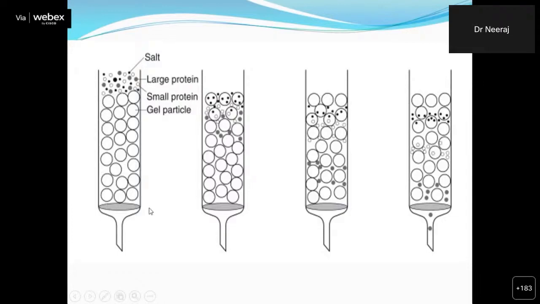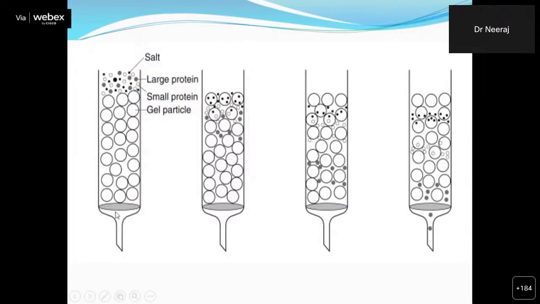So which type of protein will reach the bottom early? Definitely large protein, because it is not able to enter into the small holes present on the gel particle. So ultimately large protein will go first and small protein will come later.